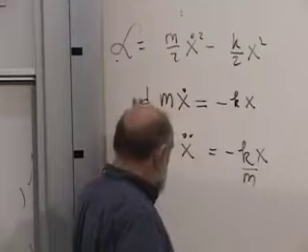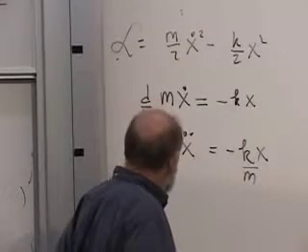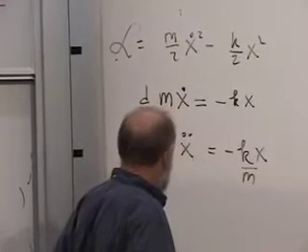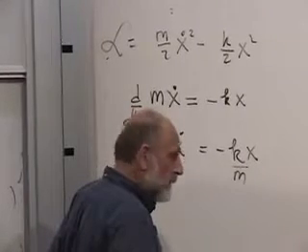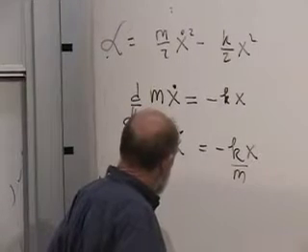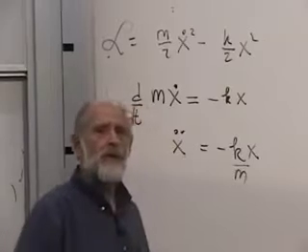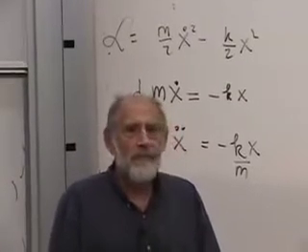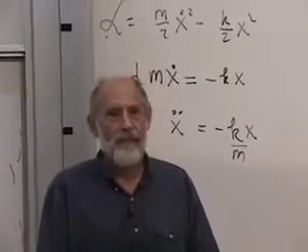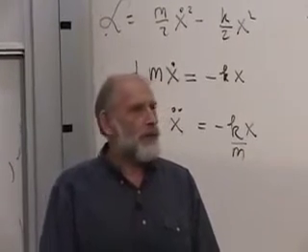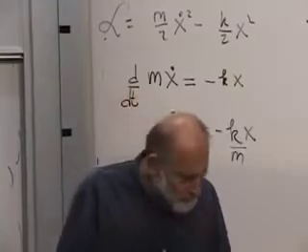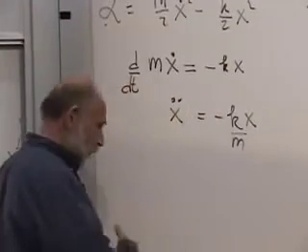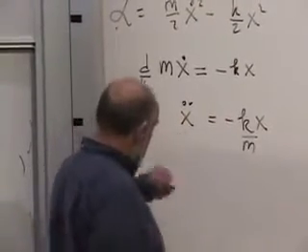All right, this is an equation whose solution is well known. Everybody know what it is? Anybody not know what it is? It's cosines and sines, corresponding to just an oscillation.